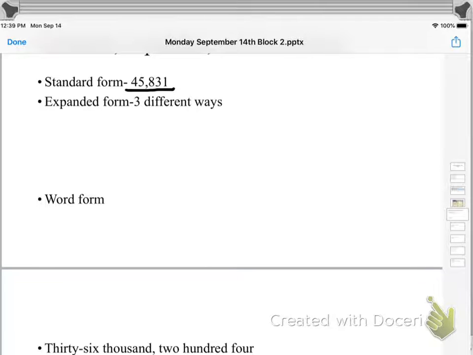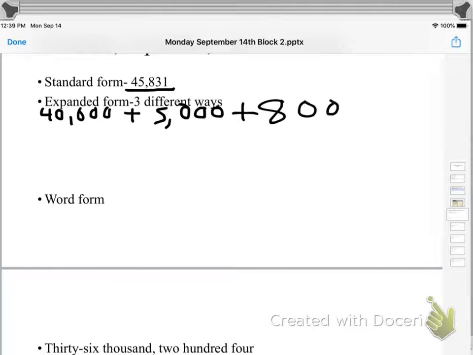So for this one, you've probably seen it as 40,000 plus 5,000. Oh, my stylus isn't working all that great right now. There we go. Plus 800 plus 30 plus 1. And that is one way to do expanded form.